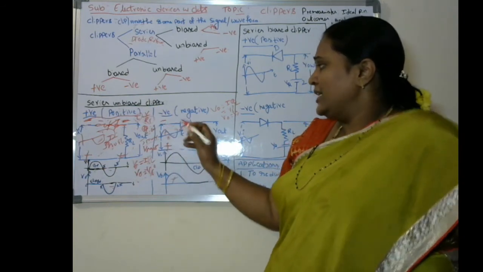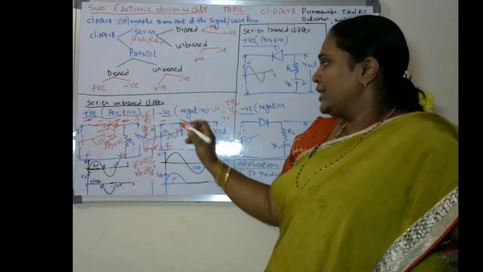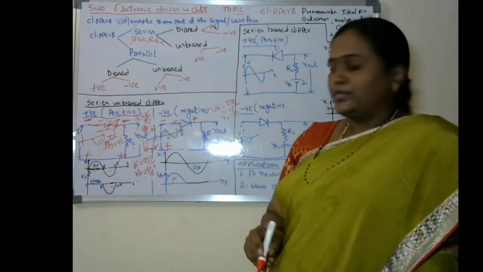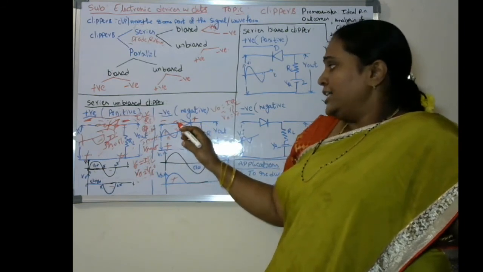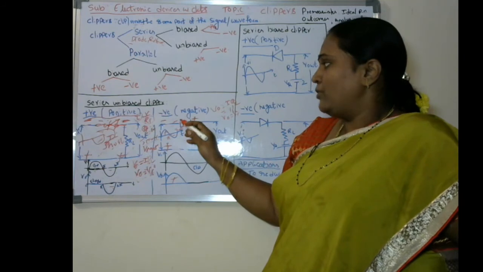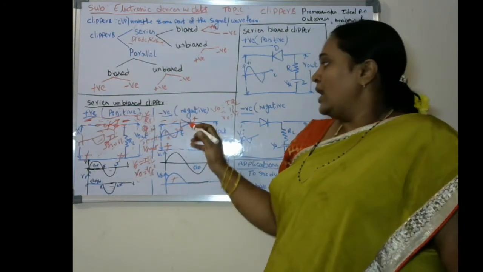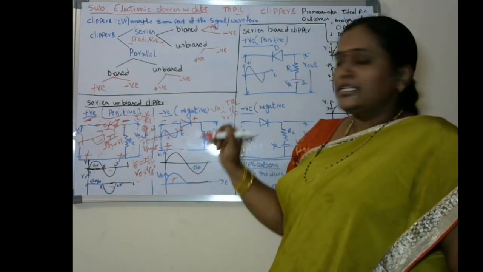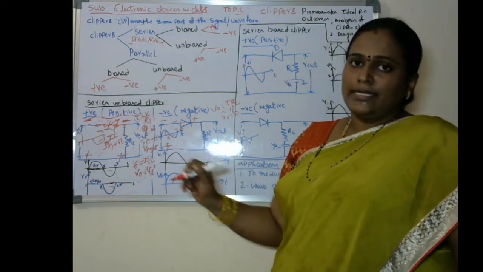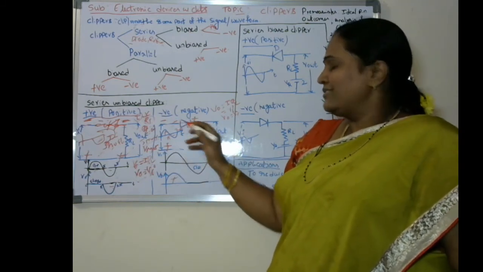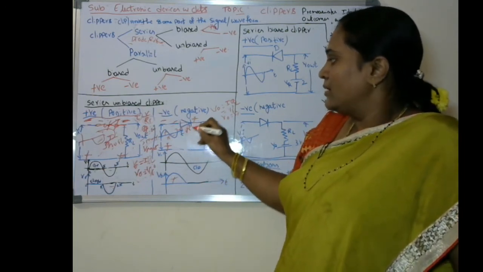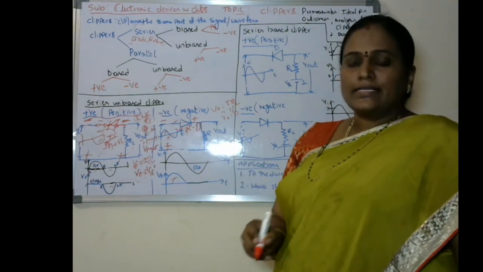Whenever it is negative, at the diode here negative will be there and here positive is going to be there. The negative of the signal has been connected to the P type of the PN junction diode, and the negative terminal of the PN junction diode has been connected to the positive terminal of the signal. So there are reverse polarities, so the diode enters into reverse bias condition.